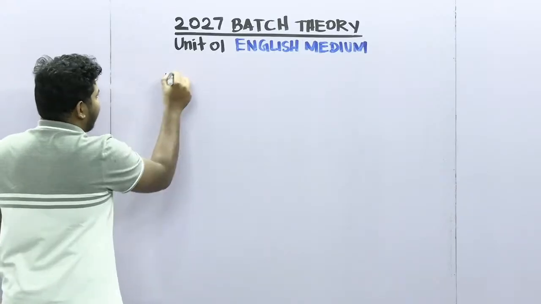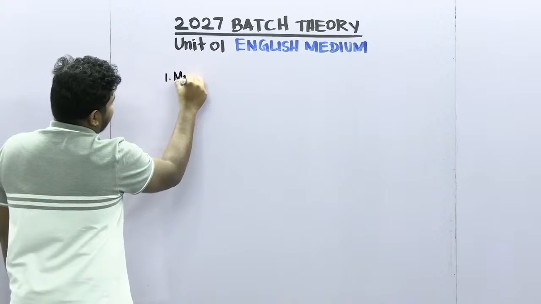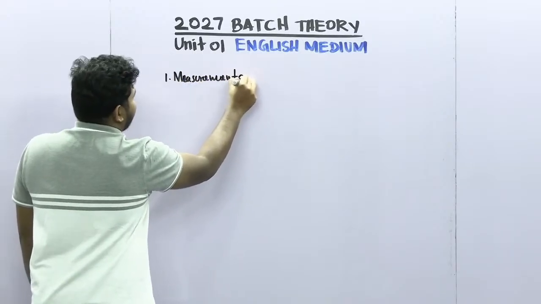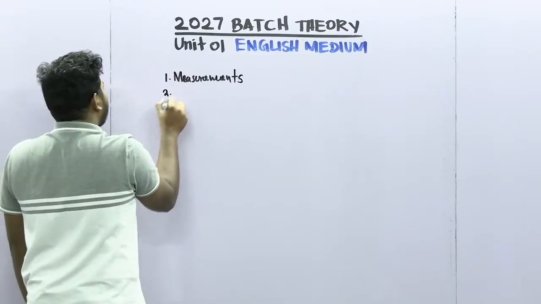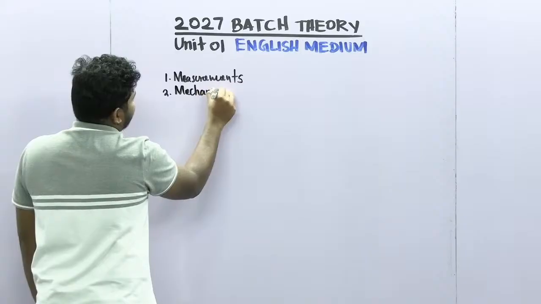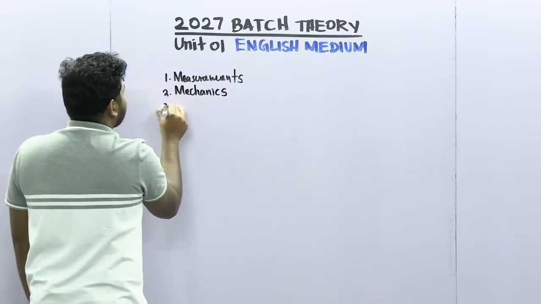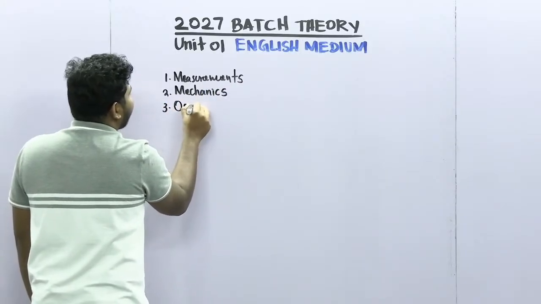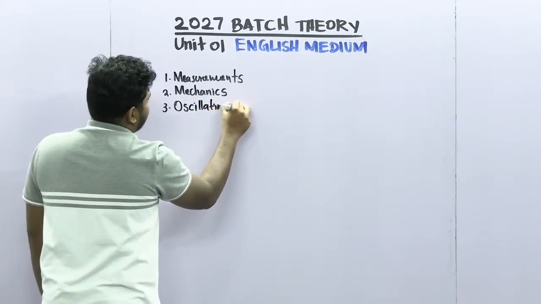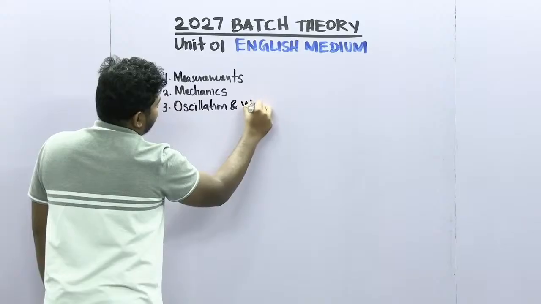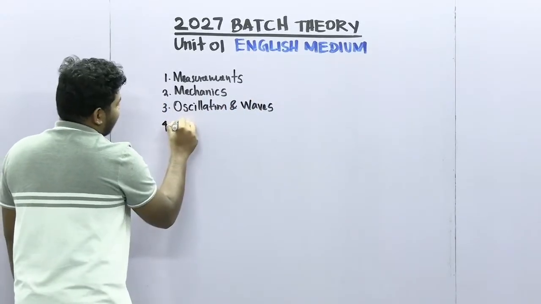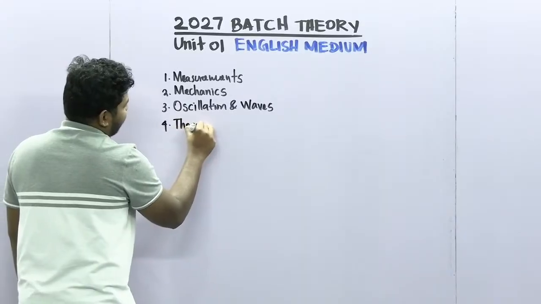The first one is measurements. The second unit is mechanics. The third one is oscillation and waves. The fourth one, thermal physics.